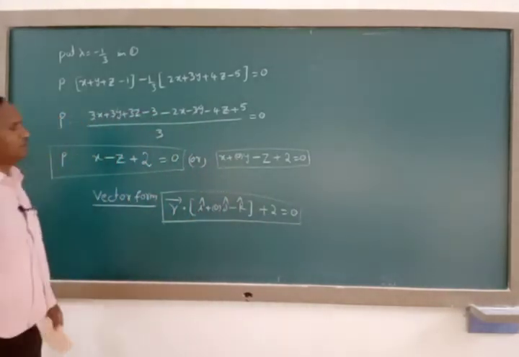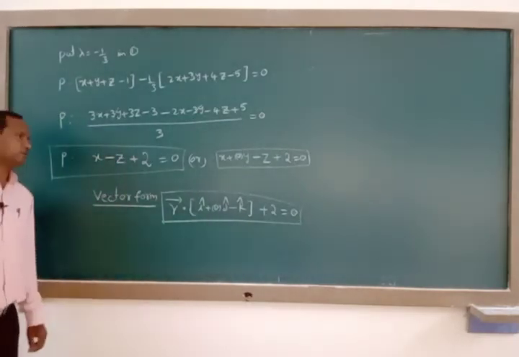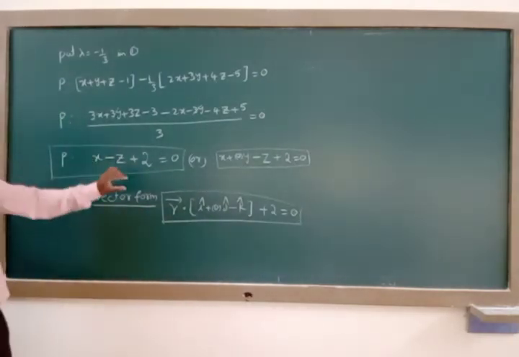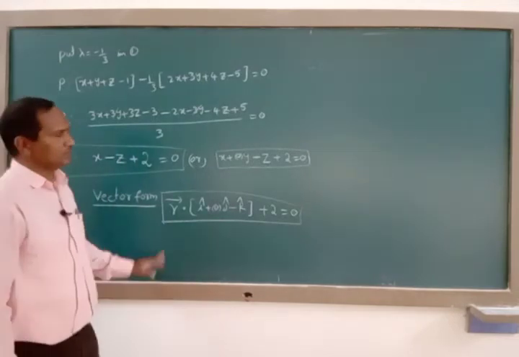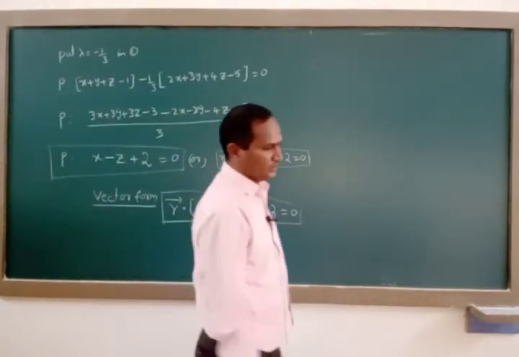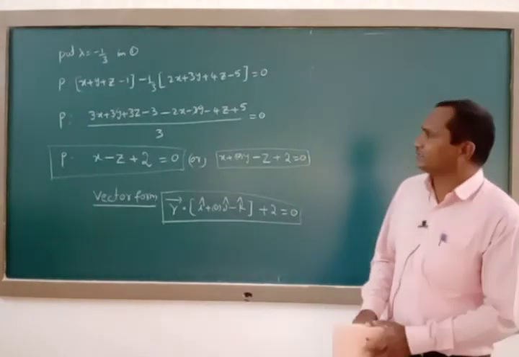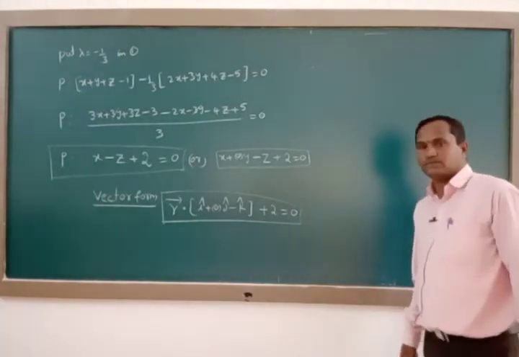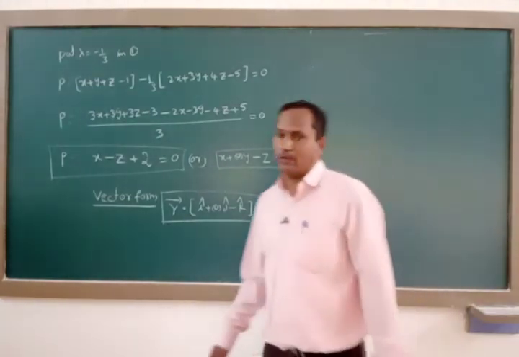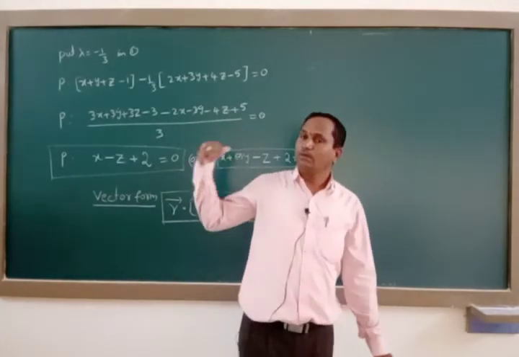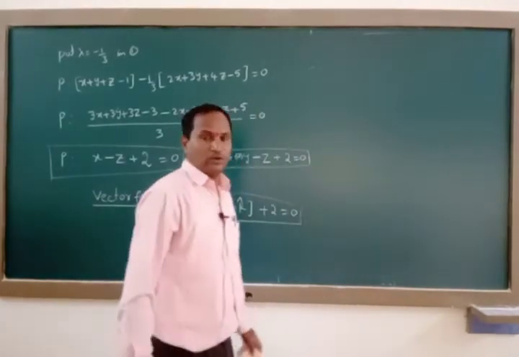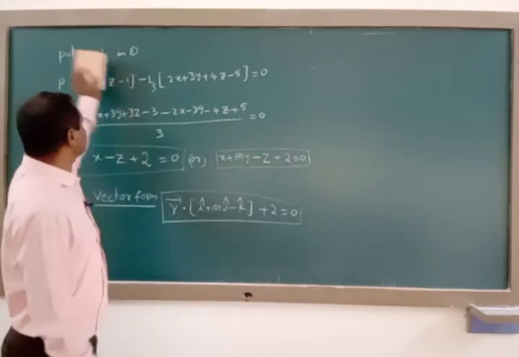If they ask for vector form, we convert that Cartesian form into vector form. Like that we find the equation of a plane passing through the point of intersection of two planes and at the same time perpendicular to one more plane. In this way we apply this procedure to solve that question.